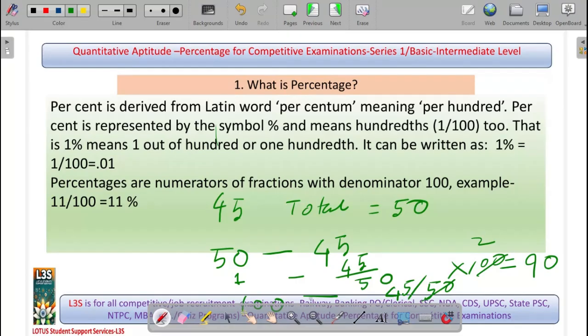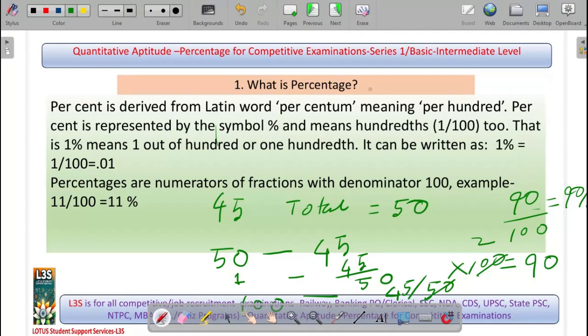If we consider 100, he will get 90. So 90 out of 100. That means he got 90%. So if we convert 45 out of 50, then we'll get 90%. I think it's clear.